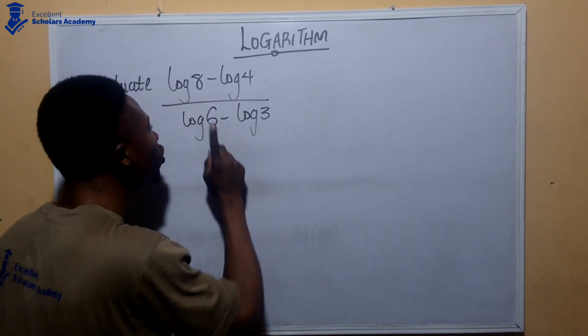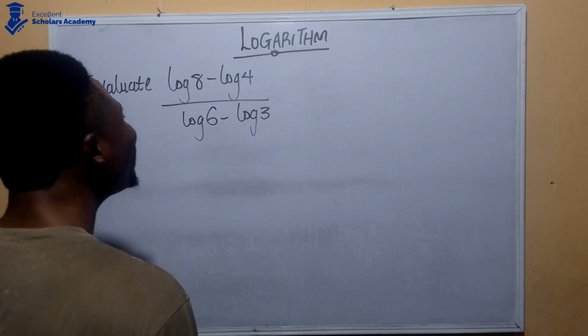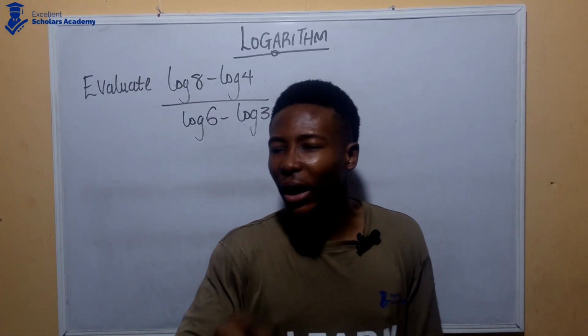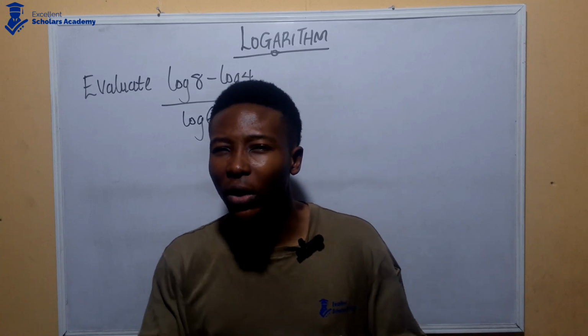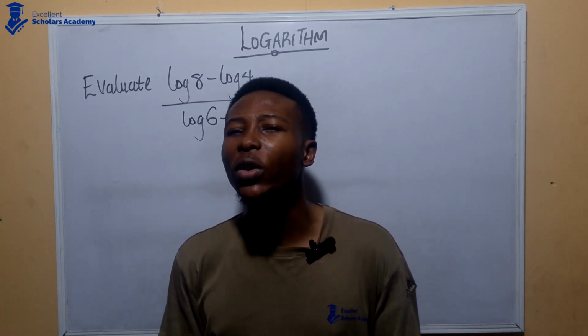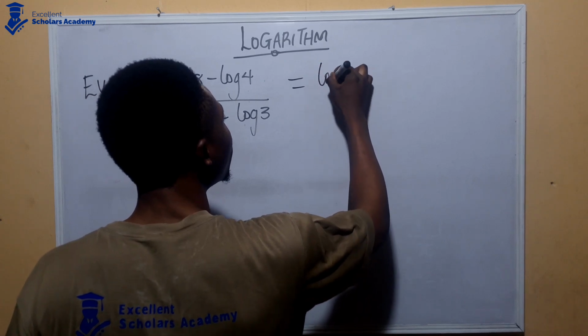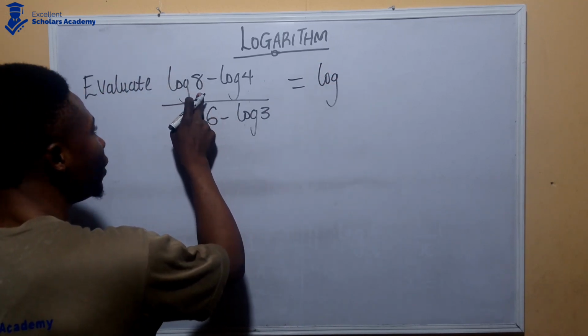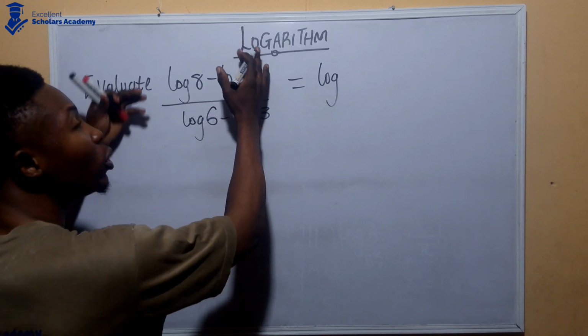Evaluate log 8 minus log 4 over log 6 minus log 3. Now whenever you see a question on logarithm and there is no base given to you, know that that logarithm is in base 10 automatically. I'm going to apply the law of logarithm because this is subtraction, so I'm going to bring them as division.